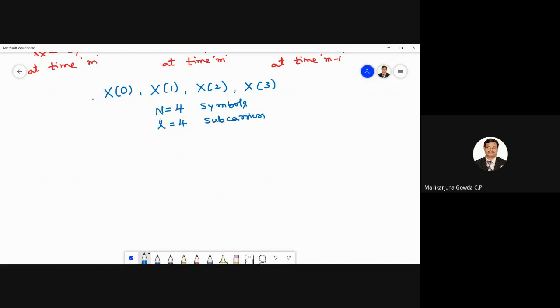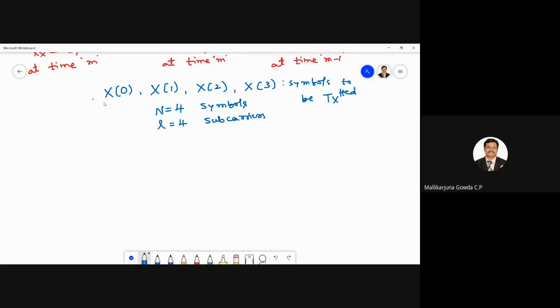So n symbols are loaded onto the L subcarriers, which I denote as x of L. As I said, x of 0, x of 1, x of 2, and x of 3. These are the 4 symbols what I wanted to transmit, right? Symbols to be transmitted. I am loading each symbol onto each subcarrier.